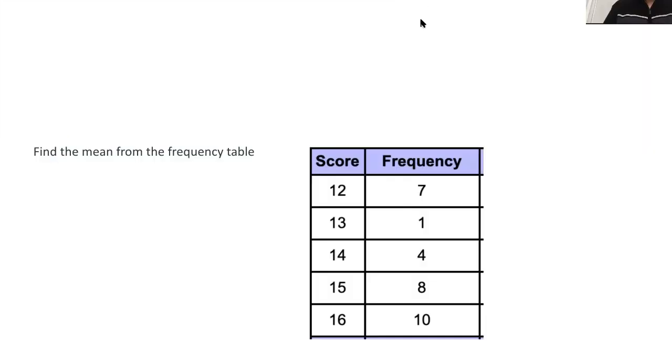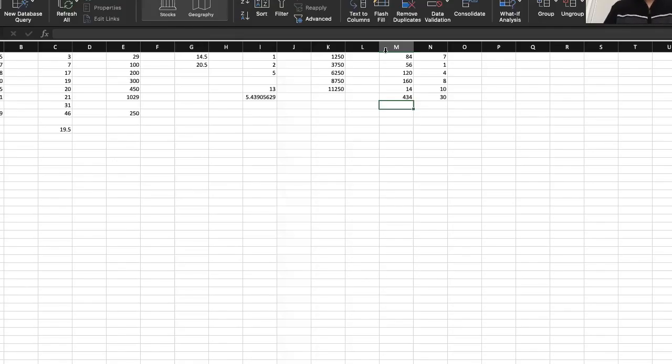So I'm just going to walk you through what I did in Excel. I multiplied each class by their frequency, so each one is the frequency times the class. And then this column N is the frequency.